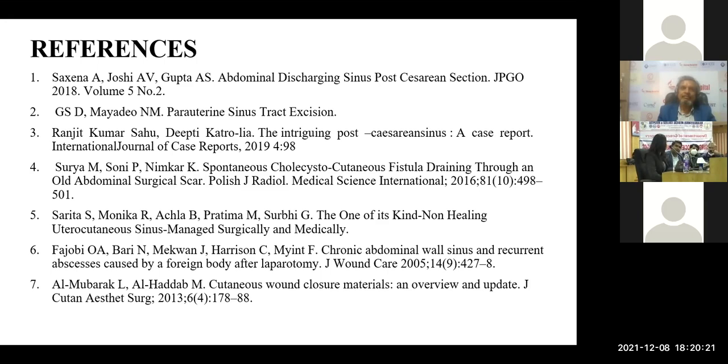CBNAAT is a very important diagnostic tool to diagnose tuberculosis. My question: even if histopathology shows granulomas and classical features of tuberculosis, before starting ATT, we have to get the CBNAAT. Why?